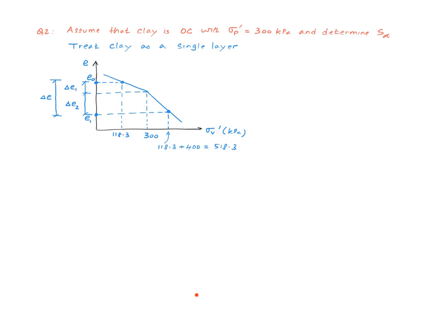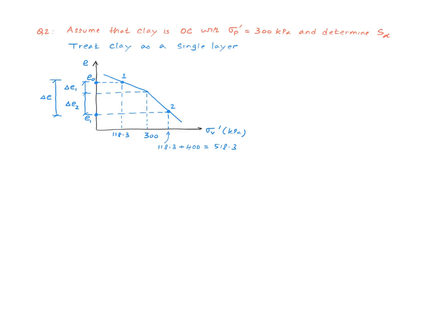So now we know that the initial point has to lie on a swelling line because the soil is over-consolidated. The change in the vertical stress is 400 kilopascal, and therefore the final vertical stress is 518.3, and therefore the final point is going to lie on the virgin compression line.